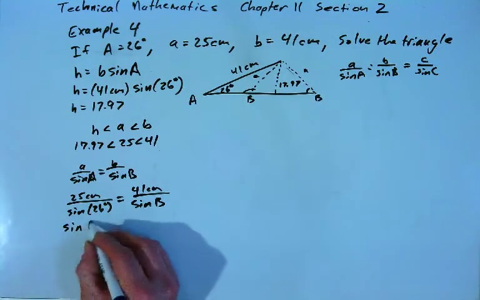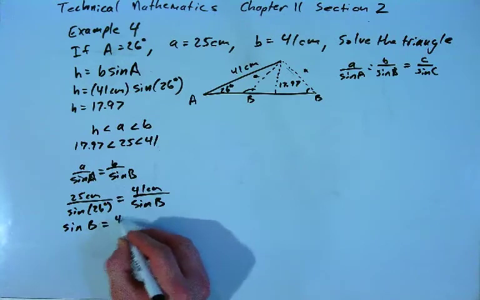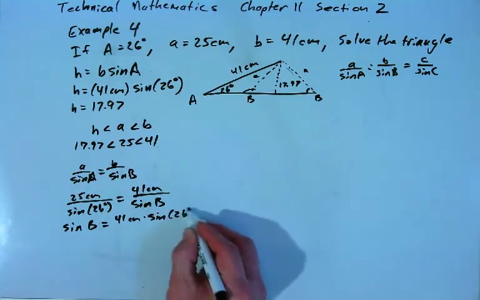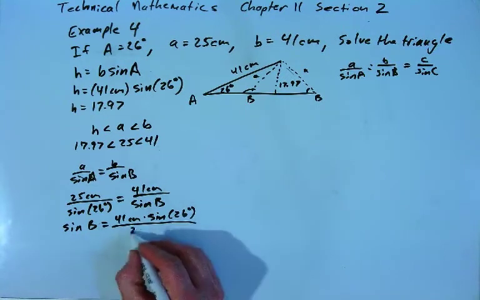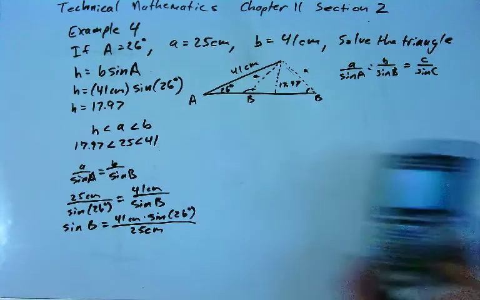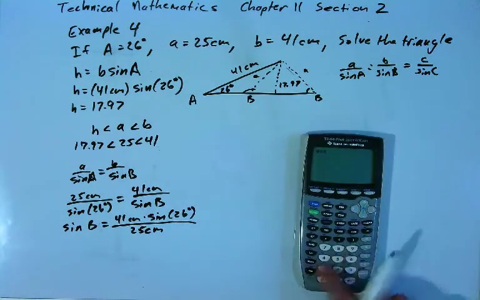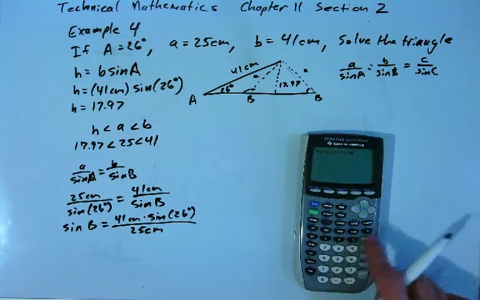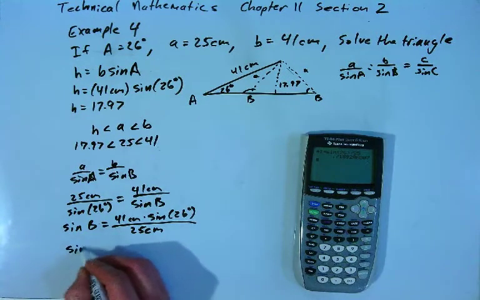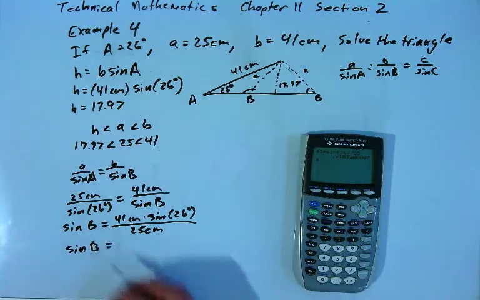And we will get that sine B is equal to 41 centimeters times the sine of 26 degrees divided by 25 centimeters. So we'll use our calculator to work this out. We have 41 times the sine of 26, close parentheses, divided by 25. And we get that sine B is equal to 0.7189.